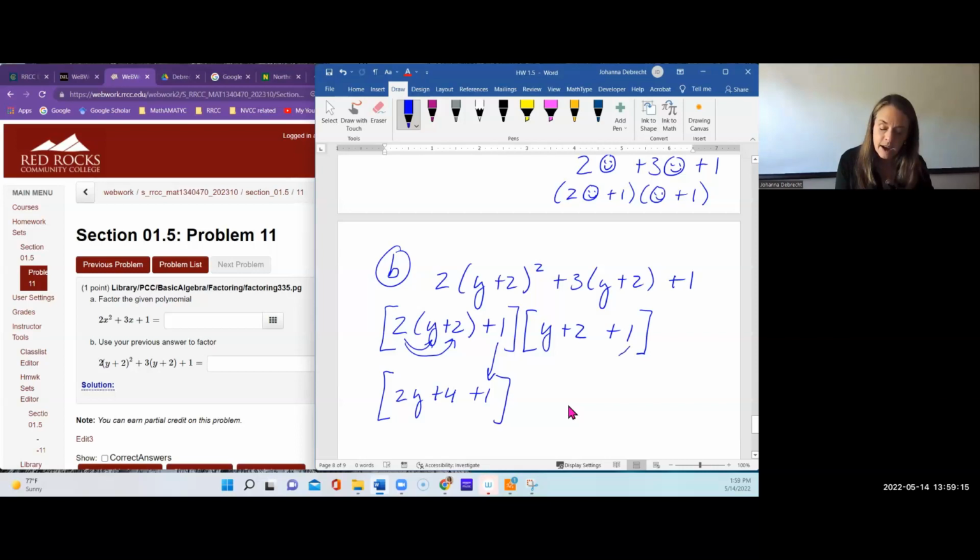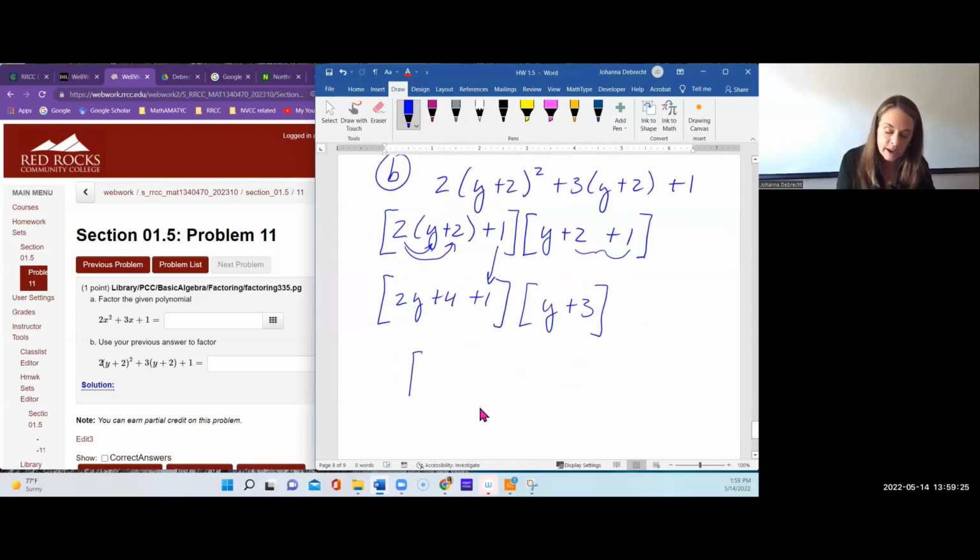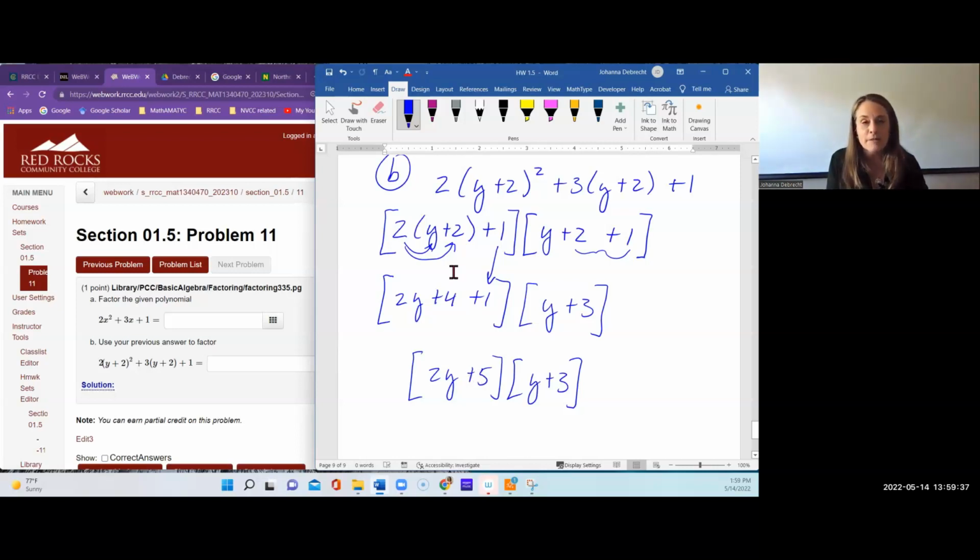In the second, I can combine the 2 plus 1 and I can get y plus 3. Finally, I can combine the 4 and the 1 to get 5, and I can write 2y plus 5 times y plus 3. Now, I don't know how WebWork feels about square brackets, so you might be better off using round ones when you type it in.